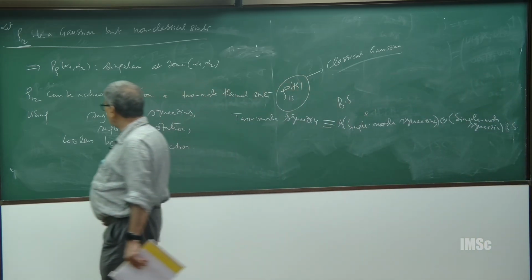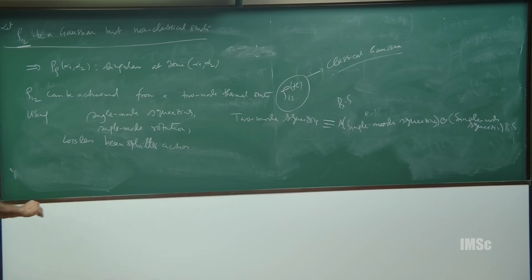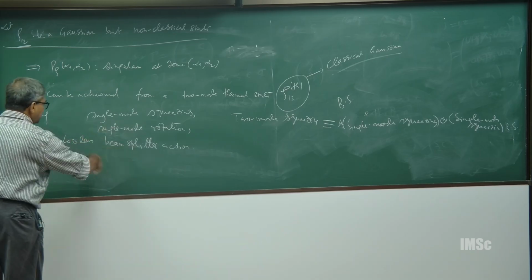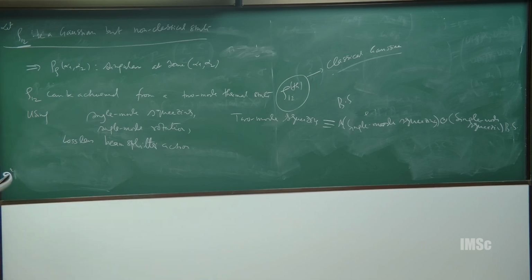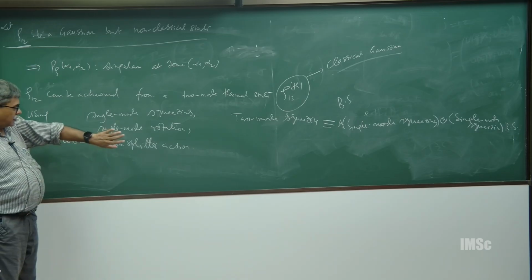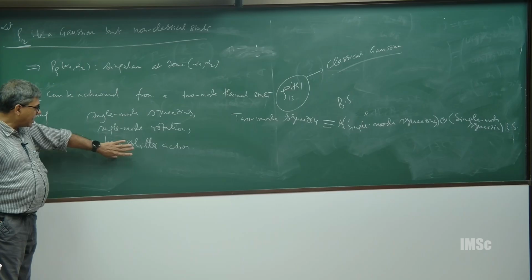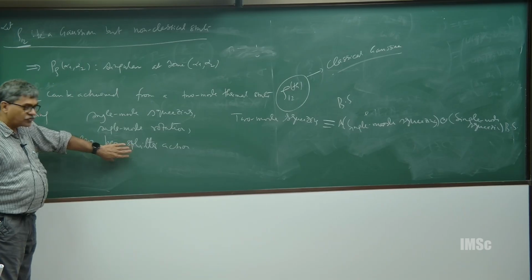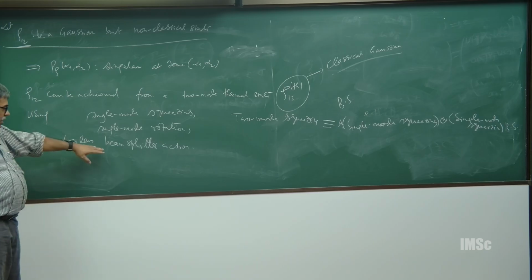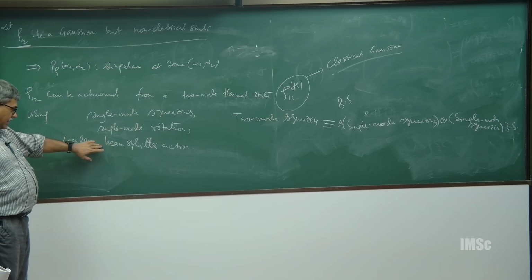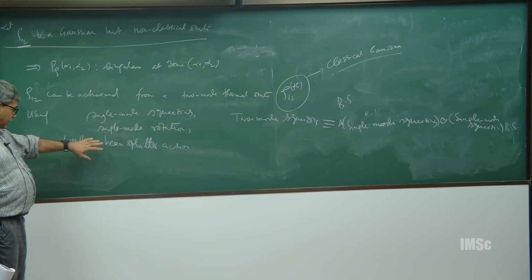By combinations of these three, these are again Gaussianity preserving operations that we have seen. And beam splitter action neither creates non-classicality nor destroys non-classicality, this we have seen. So, it will not destroy Gaussianity, it will not destroy non-classicality.